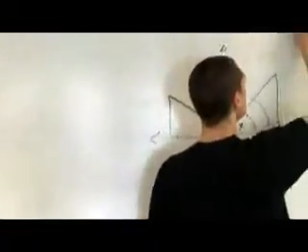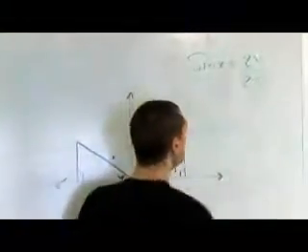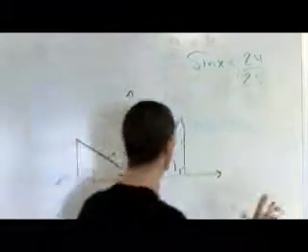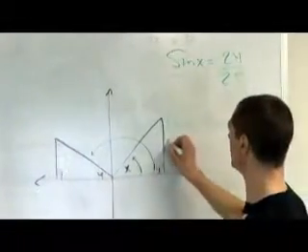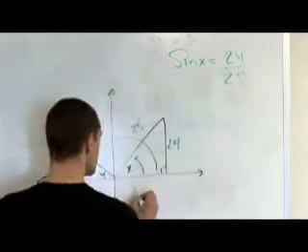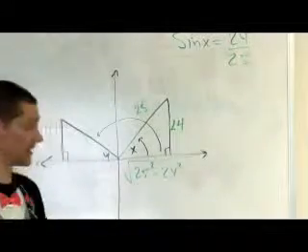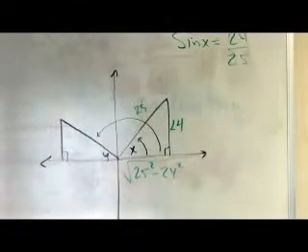Sine of x is 24 divided by 25. So we have this information. Right away, what do I know that means? That means that this is 24 and this is 25. This is the square root of 25 squared minus 24 squared. I'm definitely going to be getting a calculator for that.